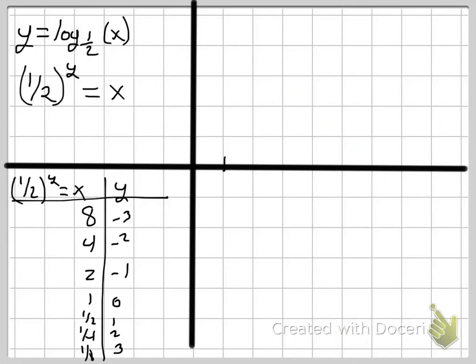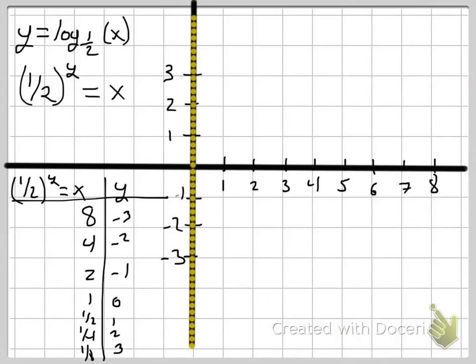So if we pick those values for the y, 1/2 cubed is 1/8, 1/2 squared is 1/4, etc. And we'll go ahead and plot those points in. We have the vertical asymptote, x equals 0. The domain is all positives.